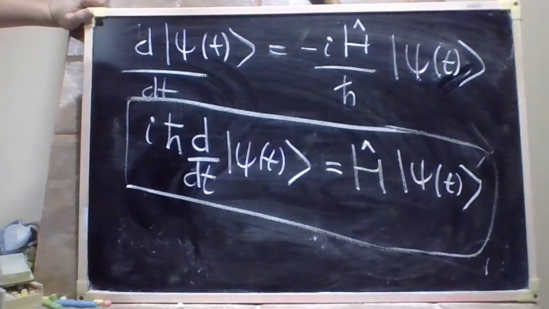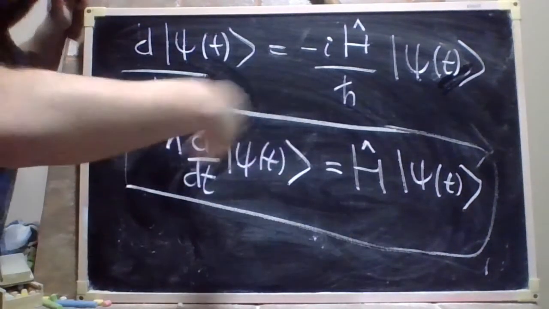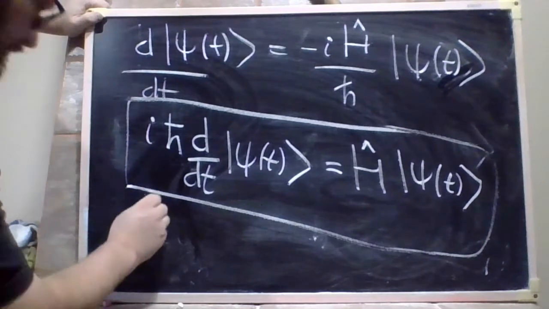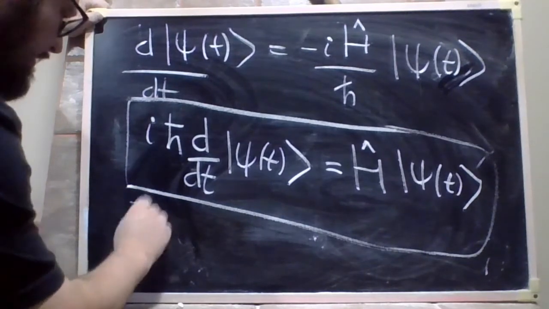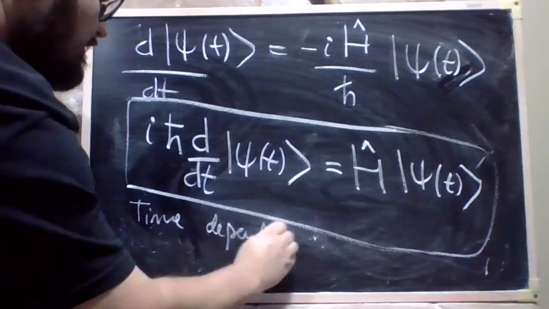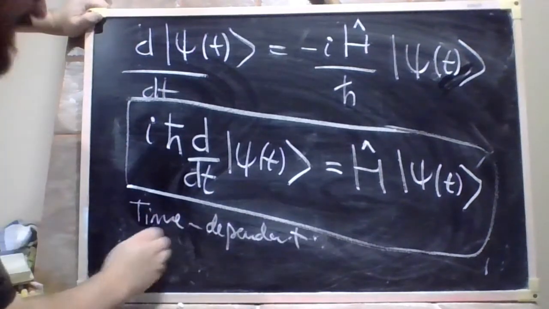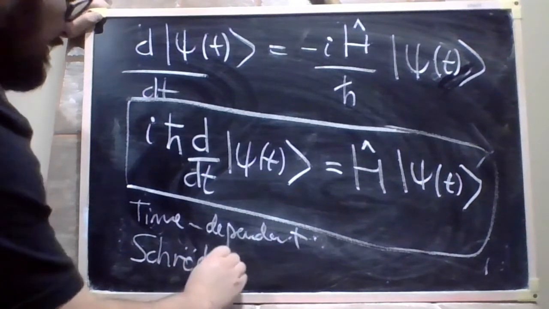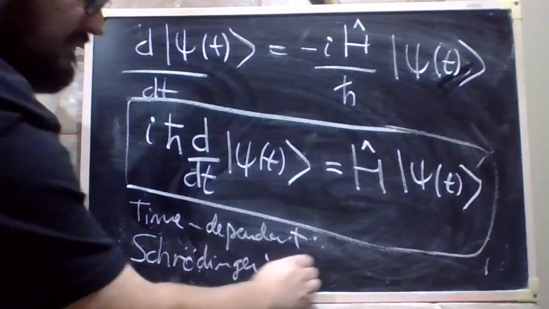All right. So it just relates to rotations in a complex space, which is Hilbert space. So this is usually called the time dependent Schrodinger's equation.